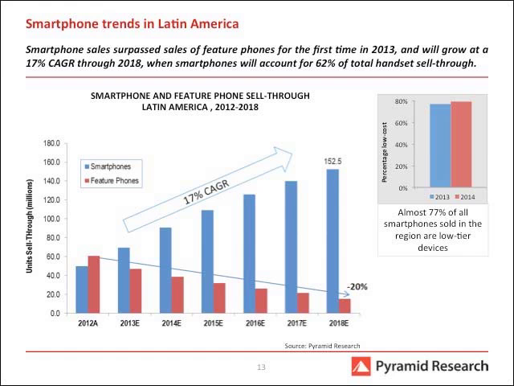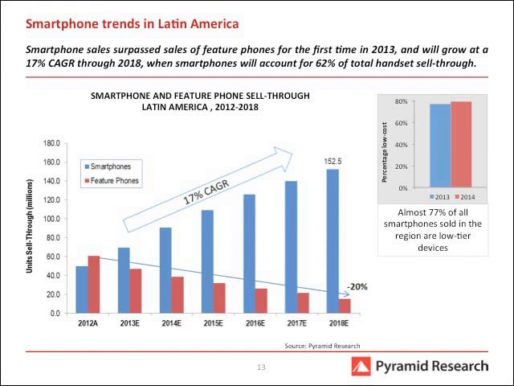When we speak about the explosive growth of smartphones around the world, Latin America is no exception. As it was the case globally, this year Latin America has seen smartphones take the lead in mobile handset sell-through at the expense of feature phones.